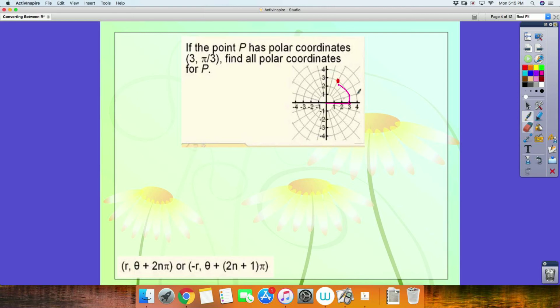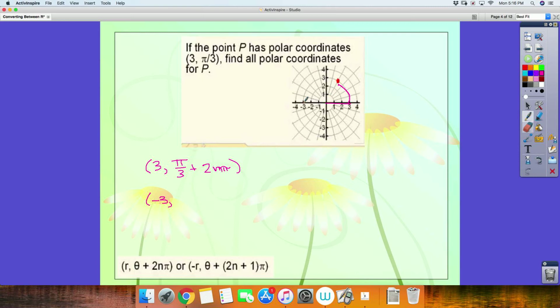So if I want to write that for an infinite amount of points, our two ways is we start with our r, so 3, comma, our theta, which is pi over 3, plus 2n pi, and sorry, my n's and my pi's keep getting confused. That's if we're going to go the traditional counterclockwise. And if we want to go clockwise, it becomes -3.